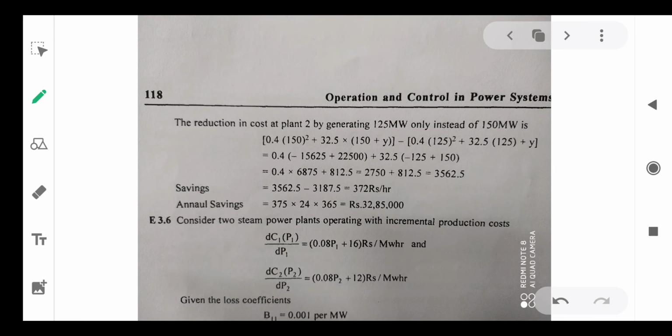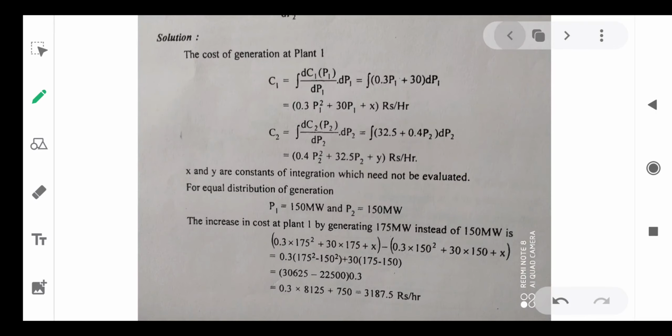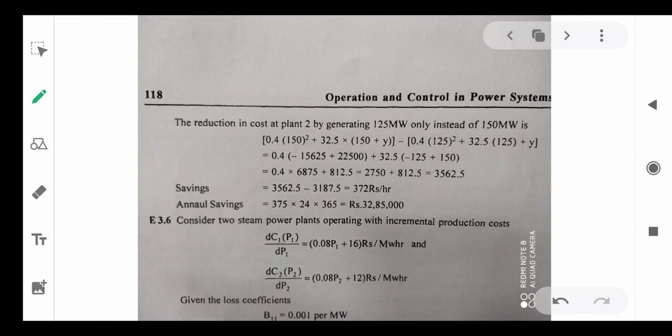So this is the cost 3562, 3185.87. So the difference is 372 rupees per hour. So annual savings 372 into 24 hours into 365 days, we will get 32,85,000 rupees. That is the annual saving. So next, problem number 6.